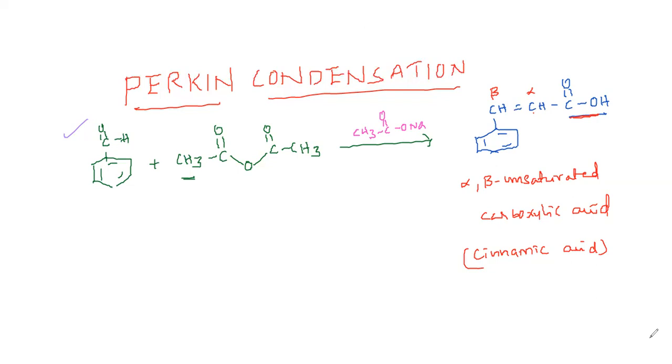Now I will explain the mechanism of the reaction. We first take acetic anhydride: O, then C=O, CH3. For any electron withdrawing group, the adjacent carbon always acts as an acidic carbon.